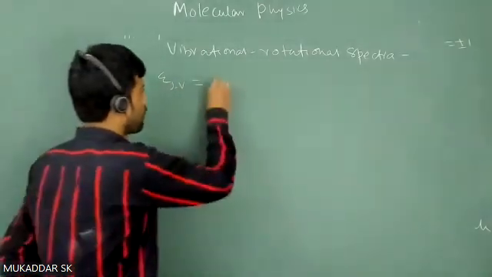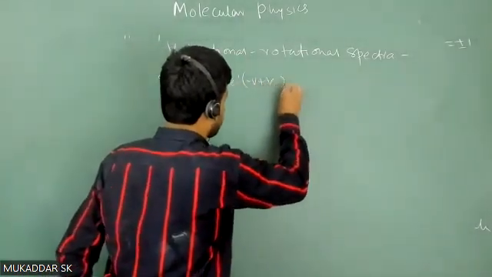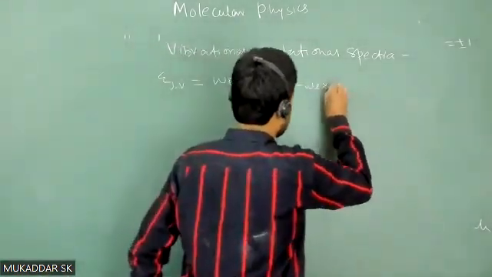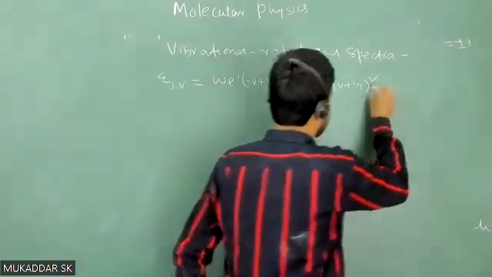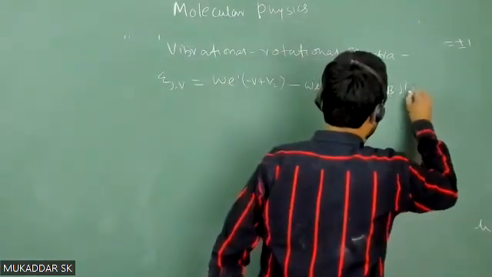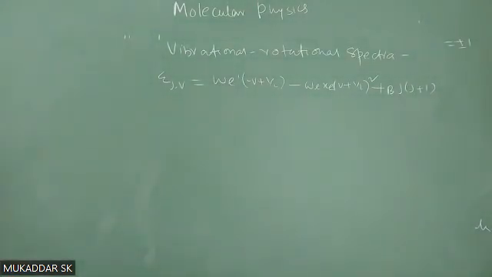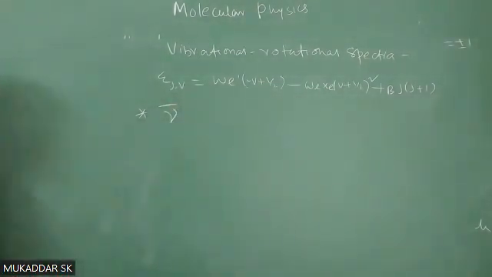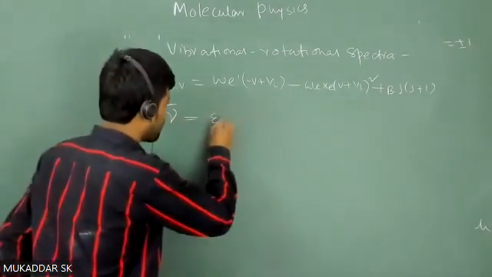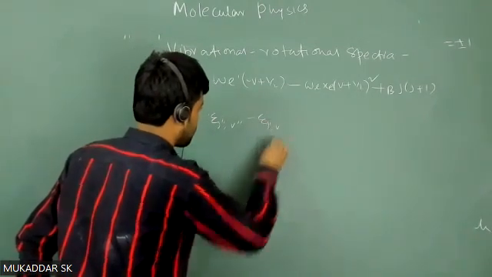So that will be omega e into v plus half minus omega e xe into v plus half square, right? Then you have B J into J plus 1, right? Now the wave number of the associated photon for a rotational vibrational transition will be represented as epsilon J double prime v double prime minus epsilon J prime v prime.